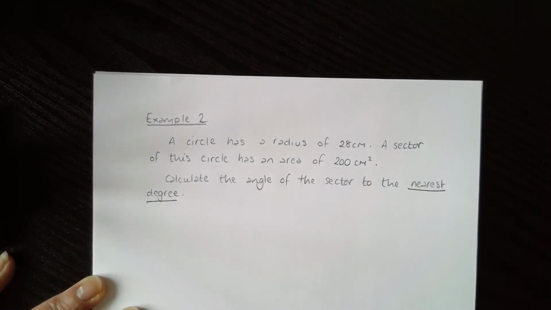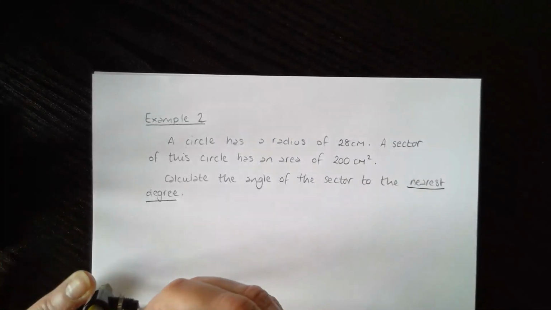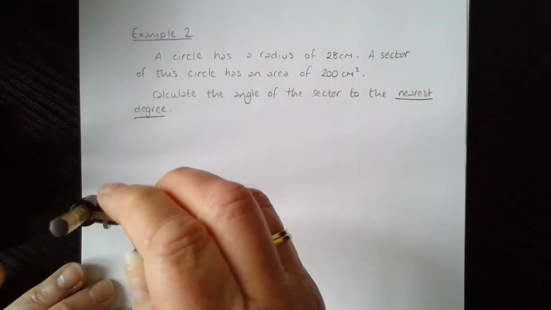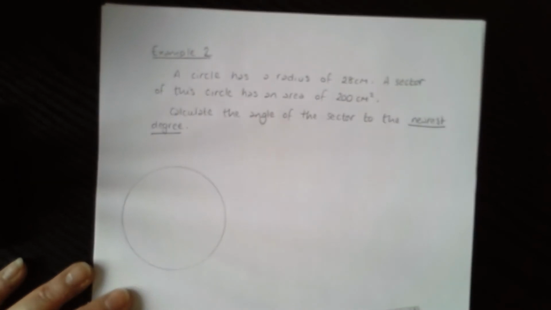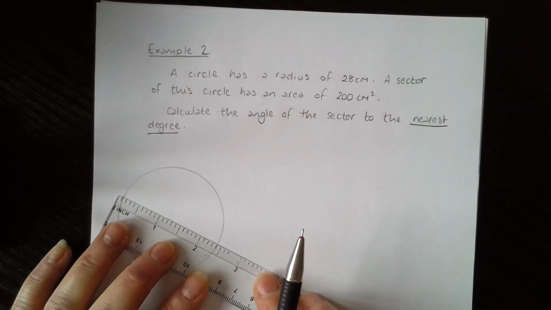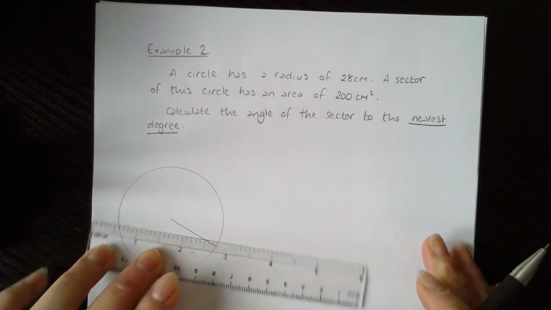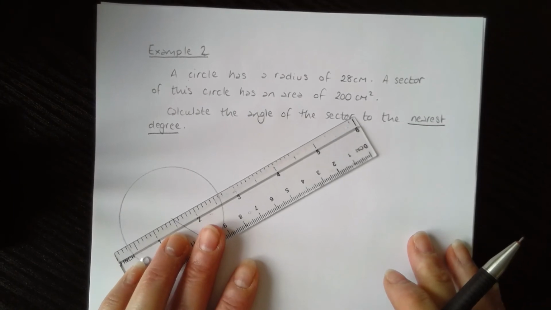We don't have a diagram, and it's always a good idea to see a diagram, so draw yourself a circle. Let's put our sector on it. We've got no idea how big this angle is, so we're just going to draw a general picture.